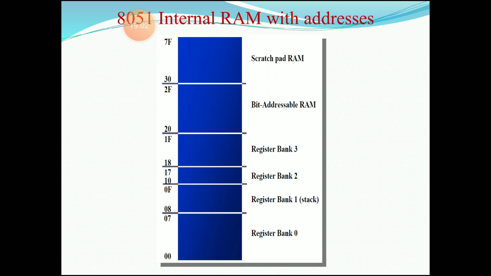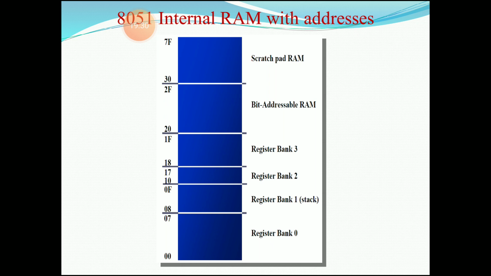You can access the data from each location directly by its address or by the register names R0 to R7. Similarly, bank 1 has 8 address locations reserved, belonging to 8 registers R0 to R7. Bank 2 belongs to the address range 10 to 17H, with 8 locations reserved.